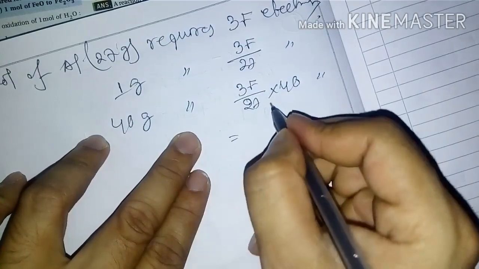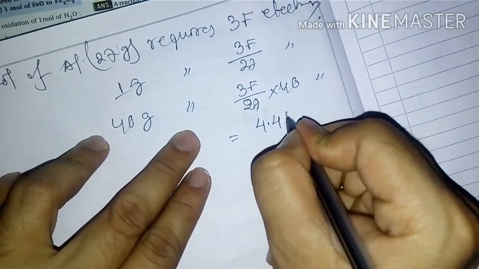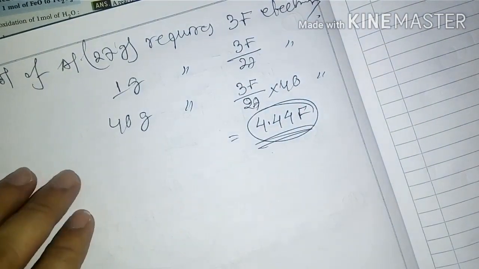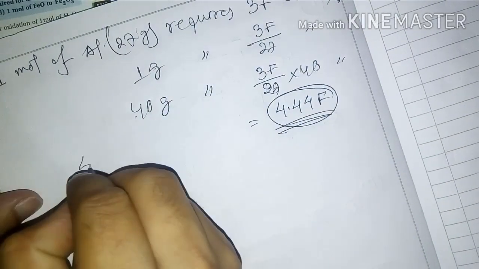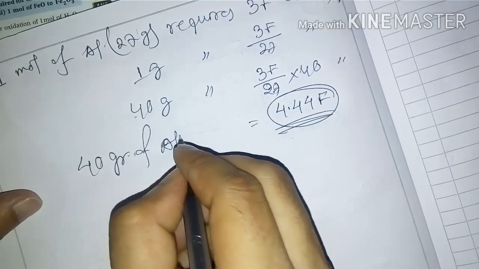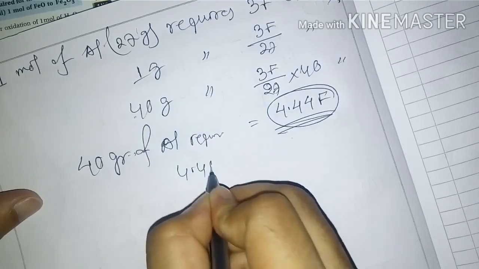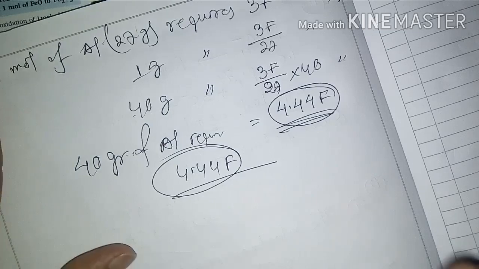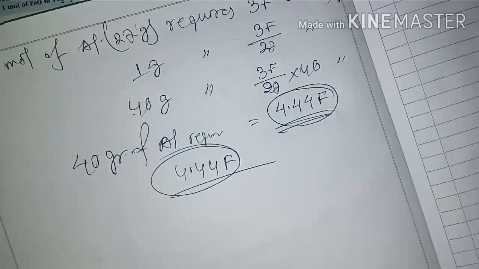Now you can calculate, and the value is 4.44 Faraday. So 40 gram of aluminum requires 4.44 Faraday. Understood? This is the answer to question number 2.